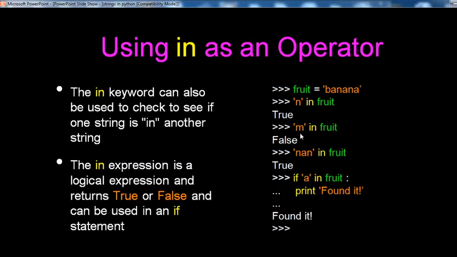Another statement: m in fruit, is m available in fruit? False, because m is not available. a in fruit and n in fruit are true. If a in fruit, print found it. That means if a is available in the string fruit, then print found it. Automatically a is available, so the message "found it" will be printed.